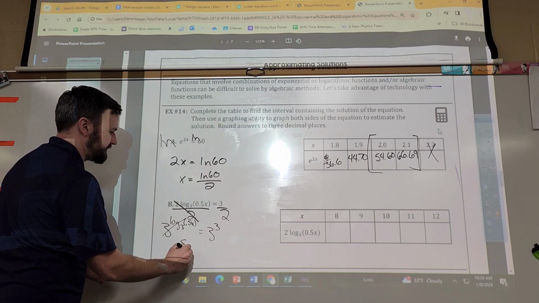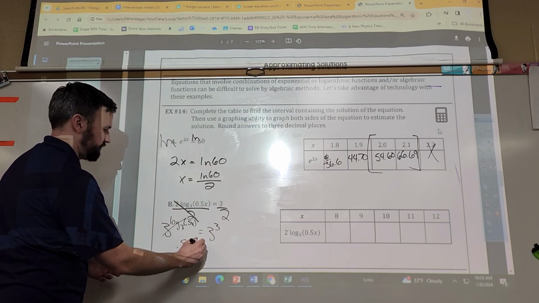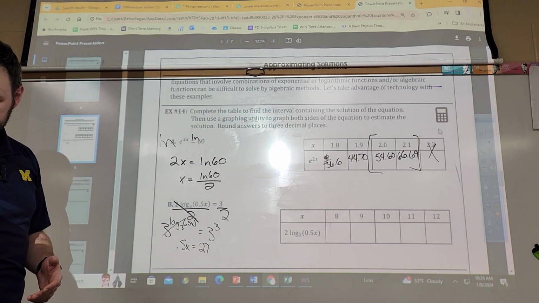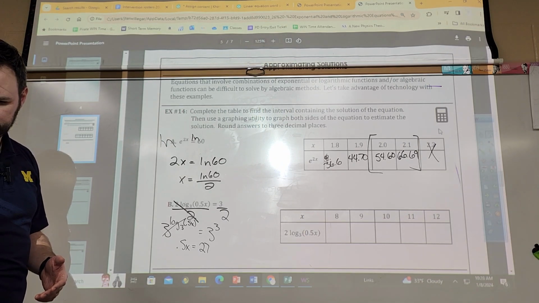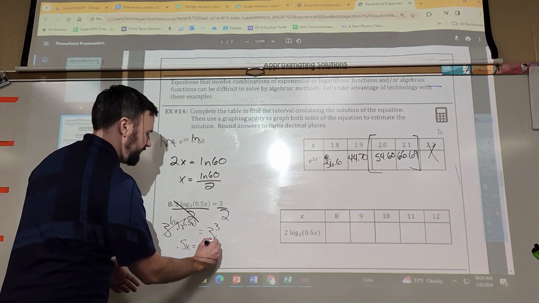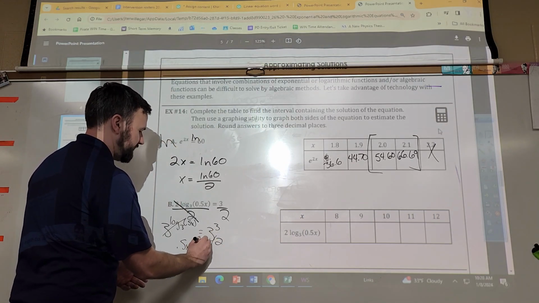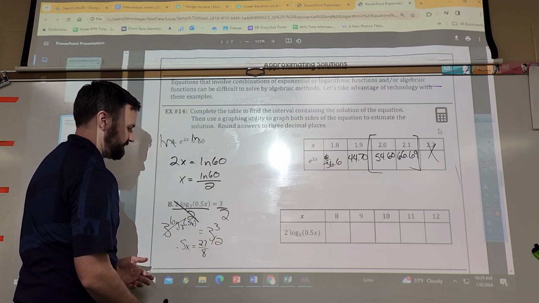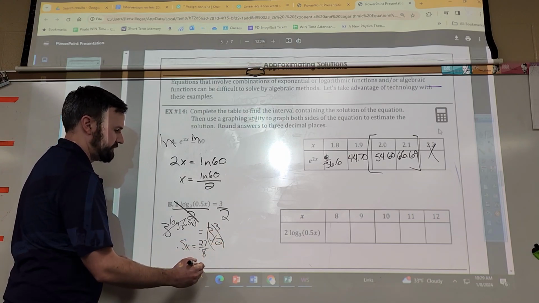I get 0.5x equals, what's 3 to the third? 27. Oh, not 3 to the third. What's 3 halves to the third? 27 over 8, right? 27 over 8, because you cube both.